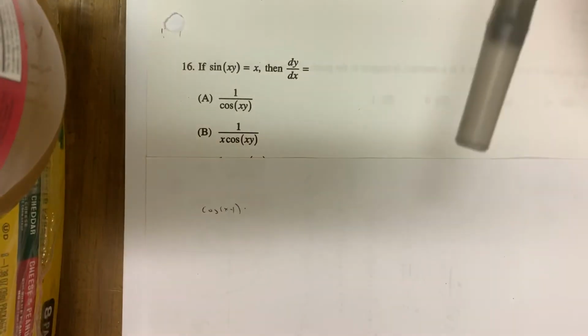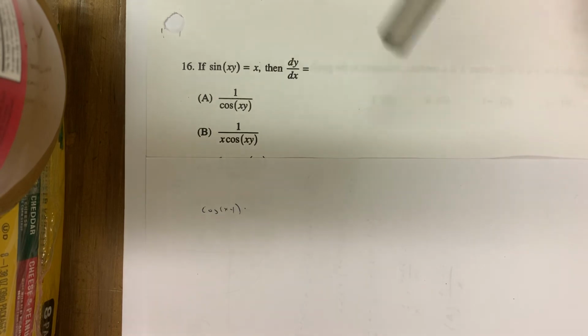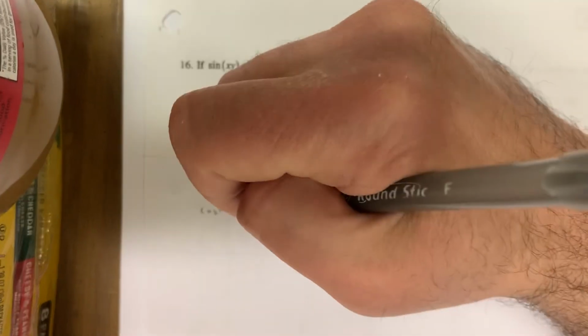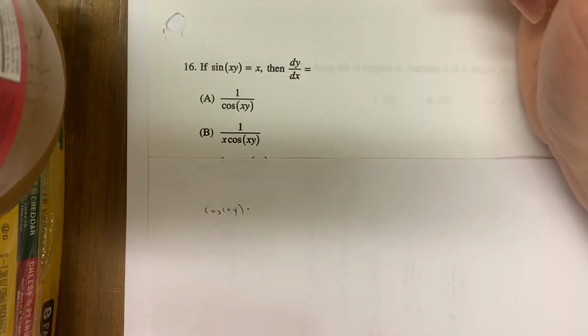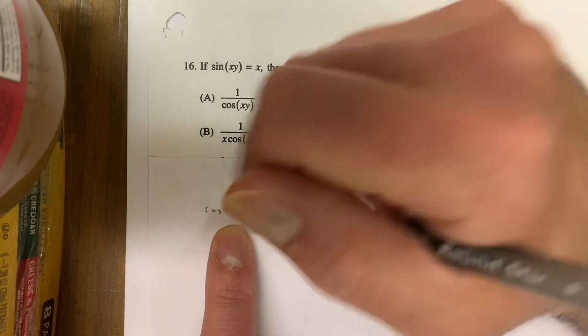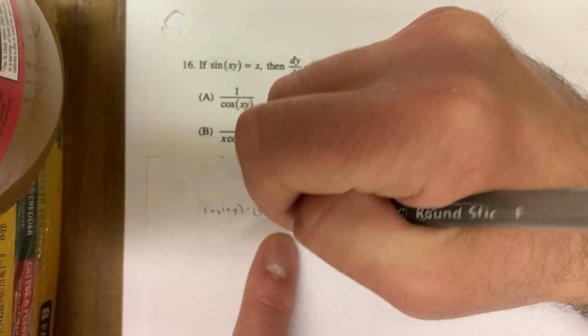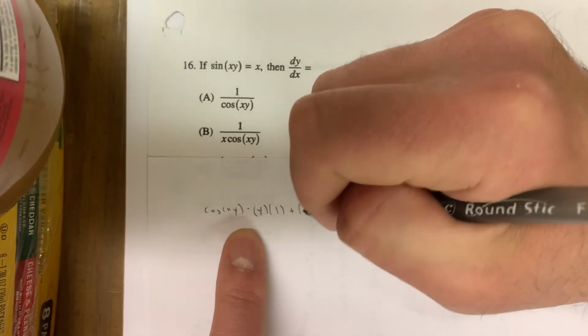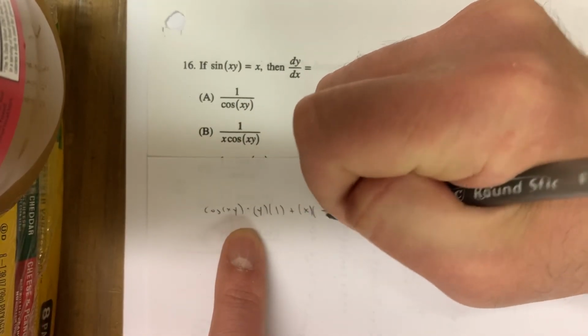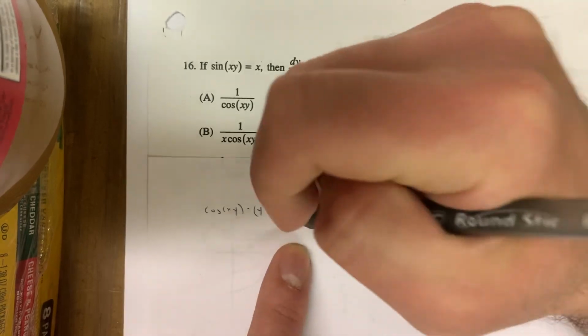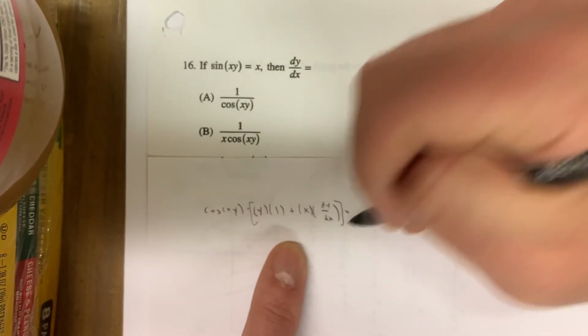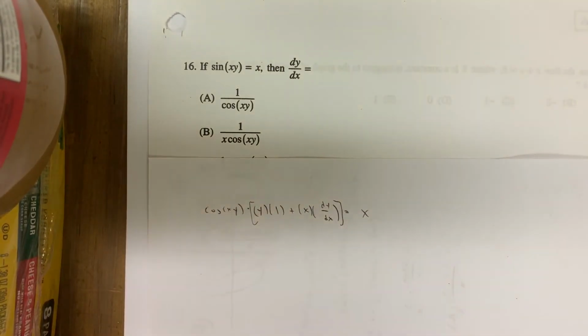Take the derivative of the outside function, which is cosine, rewrite the inside function, which is xy, then multiply by the derivative of the inside function. Product rule. The back, which is y, times the derivative of the first, which is going to be 1, plus the first, which is x, times the derivative of the second, which is dy over dx. And technically, you need parentheses around this thing right here.